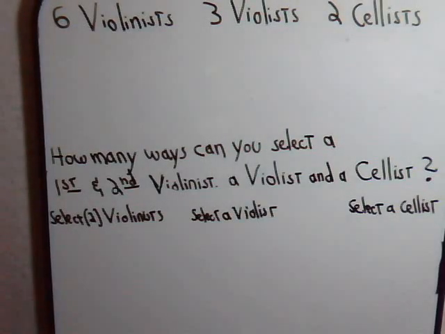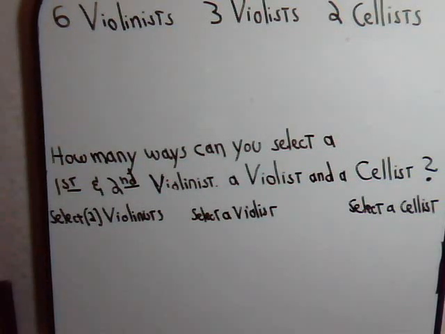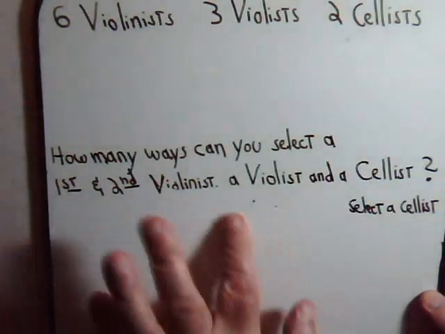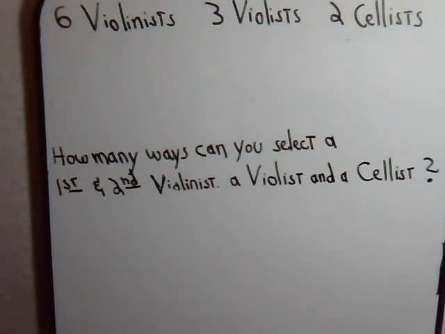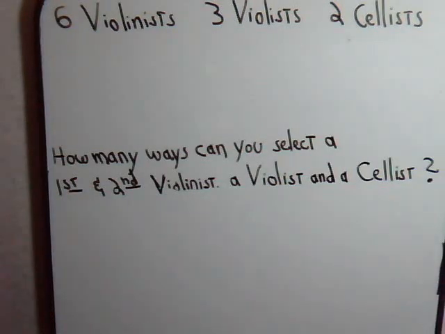Let's focus on this one. Six violinists. How many ways can we select a first and second violinist and select a violist and select a cellist? So here we're still selecting two violinists, but before it didn't matter which order we selected them in. Now it does matter because we're distinguishing between the first violinist and who's going to be the second violinist.